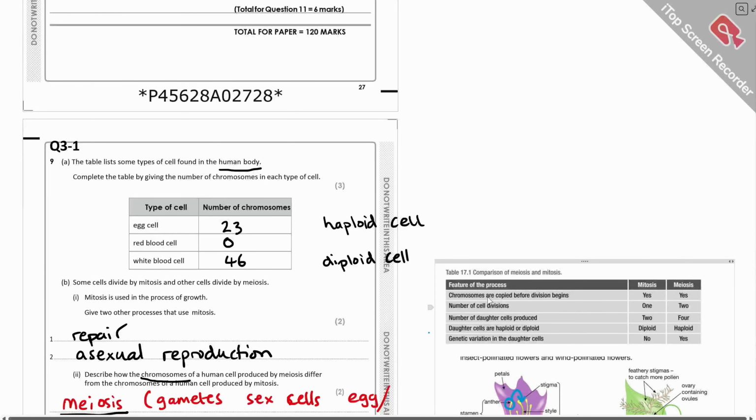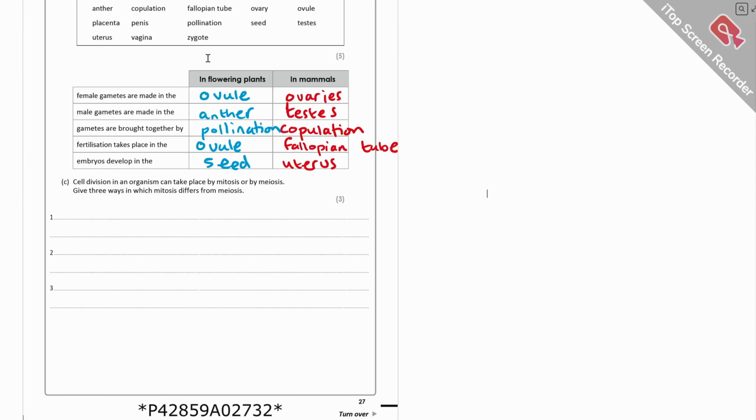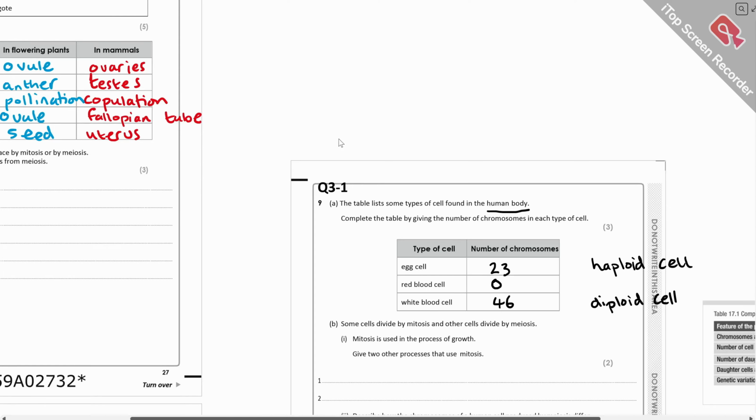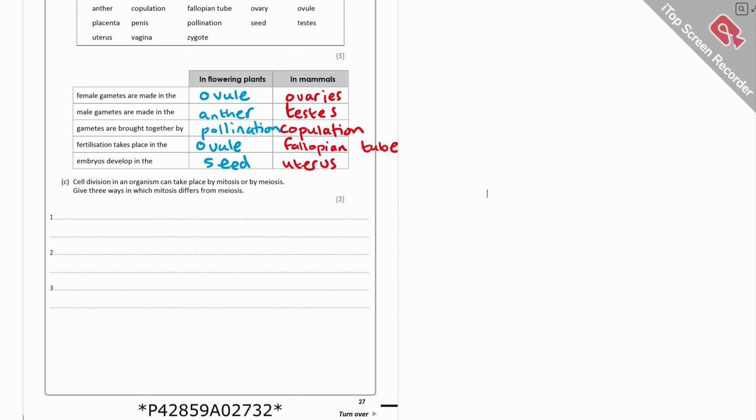Let's have a look. Cell division, how is it different?